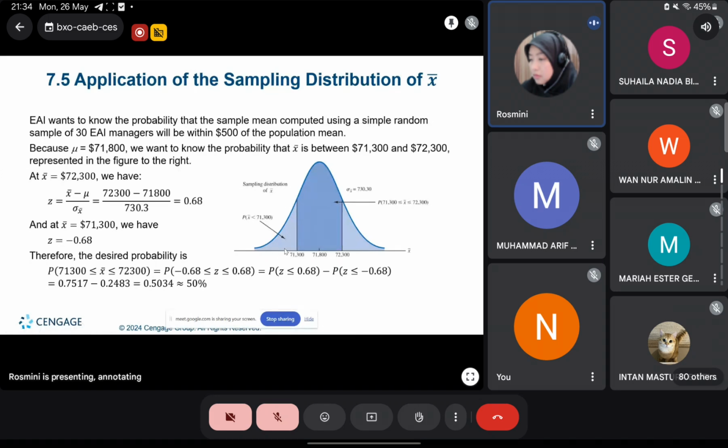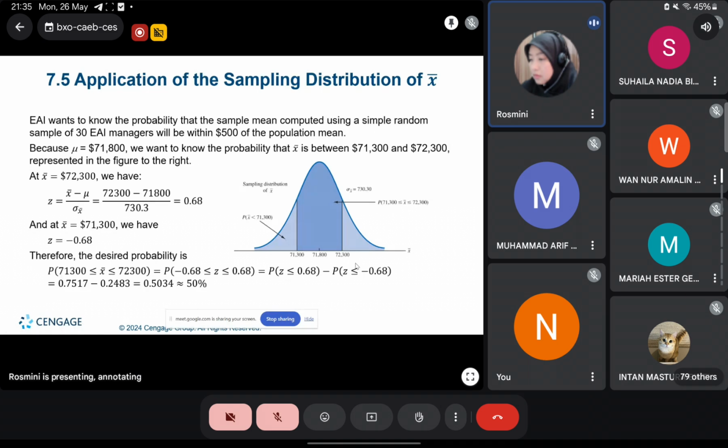What we want to find out is whether we will get the sample mean within the range of 71,300 and 72,300.